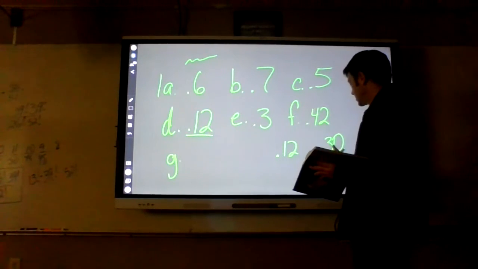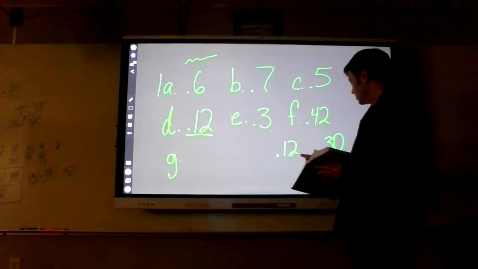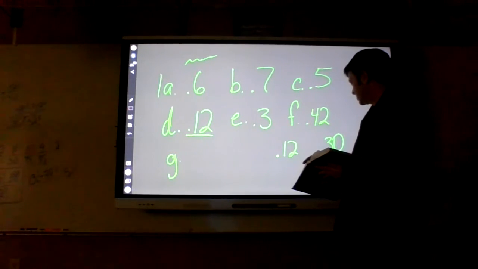So both of these X happened. This is the one that happened with Y. 12 out of 30 reduces to 1/5. That's not it either.